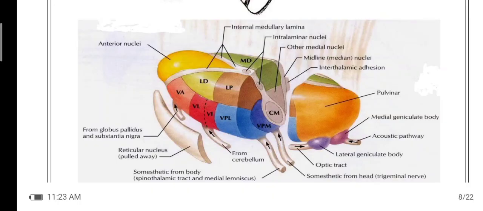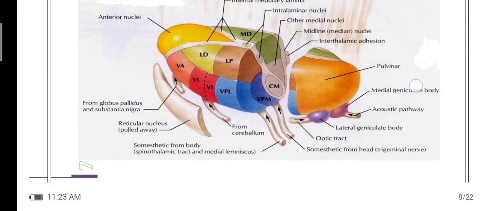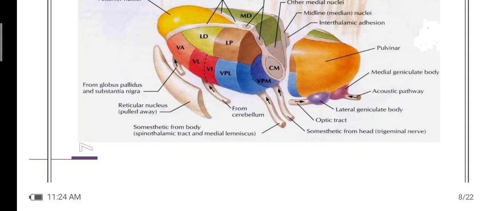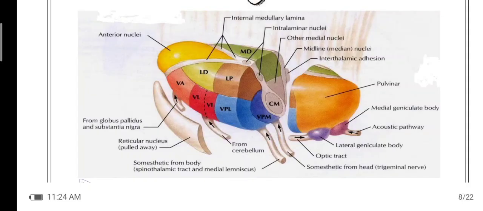The thalamus also includes the thalamic reticular nucleus, which is a thin layer of neurons covering the lateral aspect of the thalamus, separated from the thalamus by the external medullary lamina. It receives information from the reticular formation and cortex. This is the anatomical classification of the nuclei.